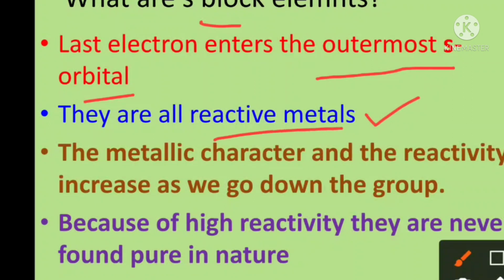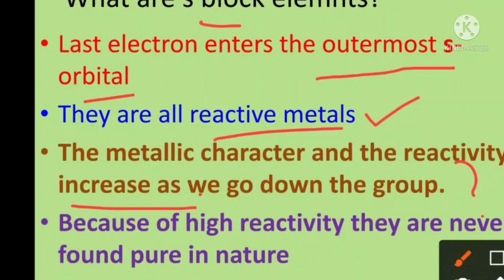They are reactive metals. The metallic character and the reactivity increase as we move down the group. Why does it increase on moving down the group? When we move down the group, the atomic size increases.